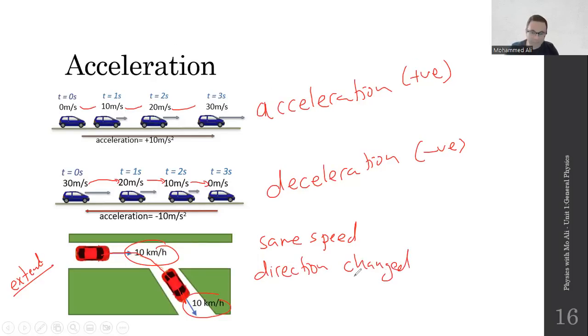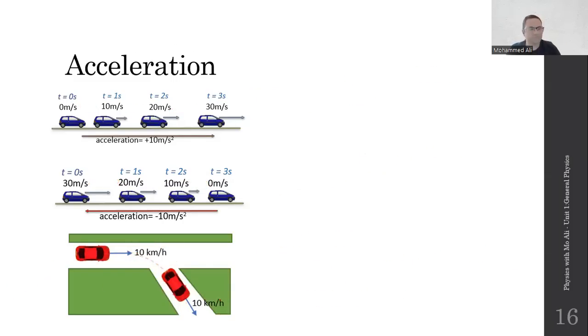And if the direction changes, that means the velocity has changed. And if the velocity changes, this is called acceleration. We do not calculate acceleration due to change in direction. It's not calculated, but we just need to recognize it. Like, hey, you're going in a circle, you're changing direction, moving from left to right. Are you accelerating? Yes, you are. Good.